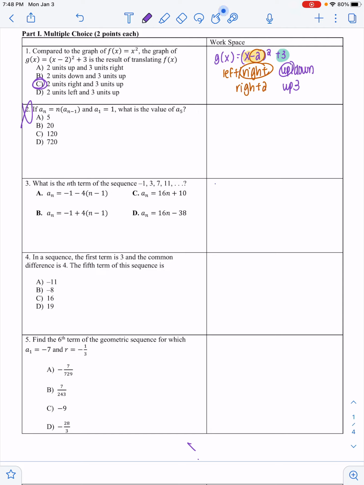So my first term is -1. And then I go to 3 and 7 and 11. So I notice that my pattern here is plus 4, meaning we have a common difference of 4.